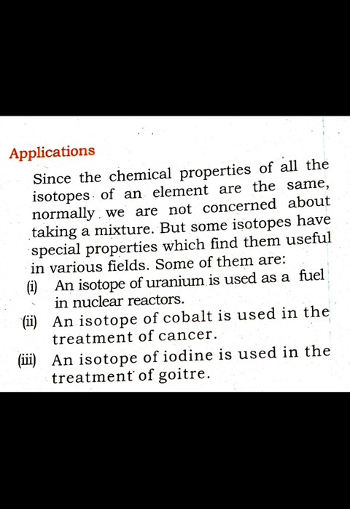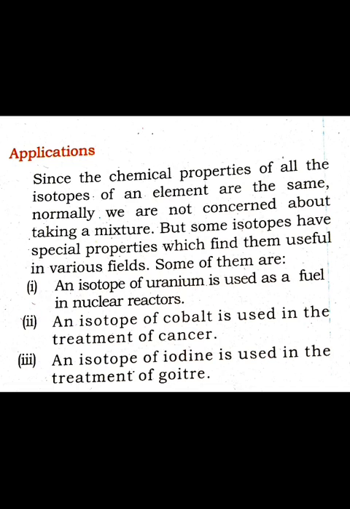An isotope of uranium is used as a fuel in nuclear reactors. Then isotope of cobalt is used in the treatment of cancer. Then isotope of iodine is used in the treatment of goiter.